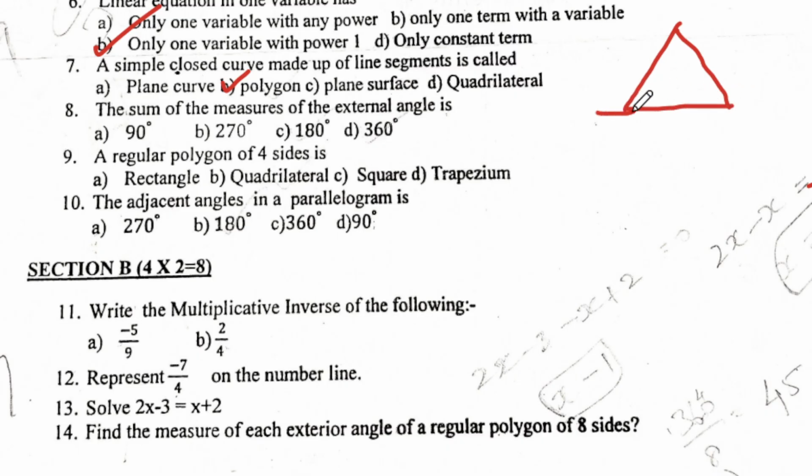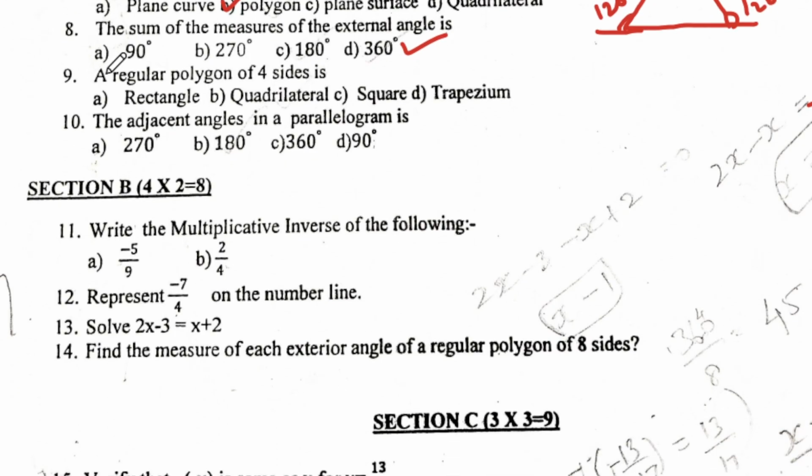Let's take a triangle here. So these are the external angles. Here we have 120, again 120 and 120. So 120 plus 120 plus 120, 120 into 3, which is 360. So the sum of the measures of the exterior angles is 360.